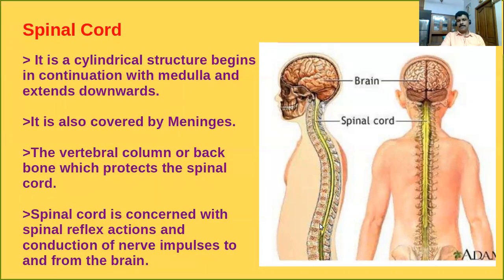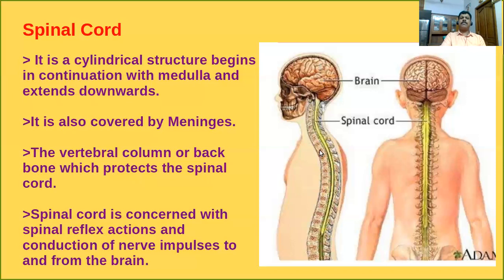from the brain. That means if any impulses are transferred to the brain, that occurs through the spinal cord. If any type of motor impulses, I mean any type of responses, also move through the spinal cord.